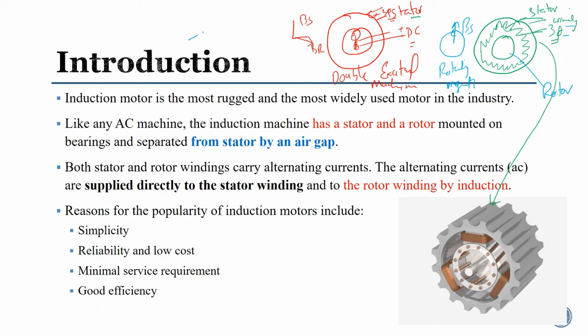If I place a stationary bar within a rotating magnetic field, then what will happen? The changing magnetic field will induce a voltage in the bar, right? And if this bar is short circuited, then the current will start flowing through it. When the current flows, we get another magnetic field, the induced magnetic field in that bar, right?